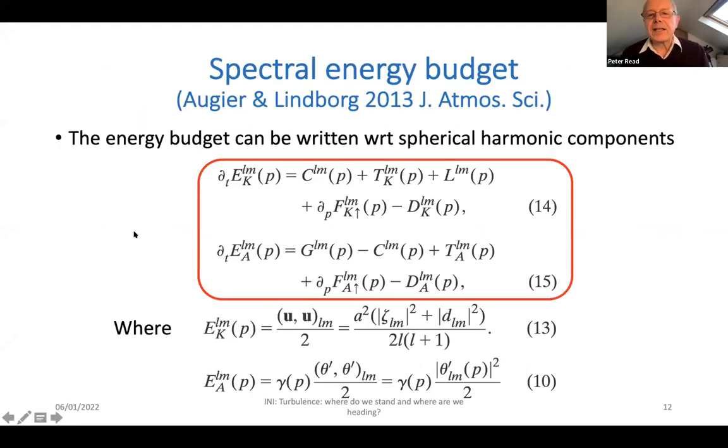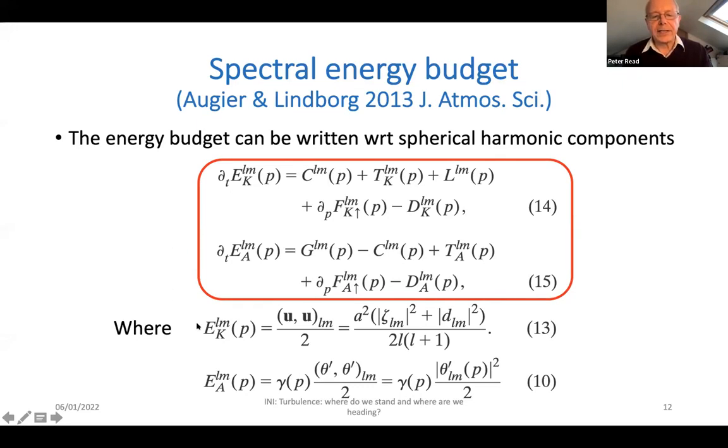This has been recently extended by Pierre Augier and Eric Lindborg to give a more complete energy budget that is not limited to geostrophic motion, where we look at the rate of change of both kinetic and potential energy due to various sources, including vertical transport as well as horizontal transport.